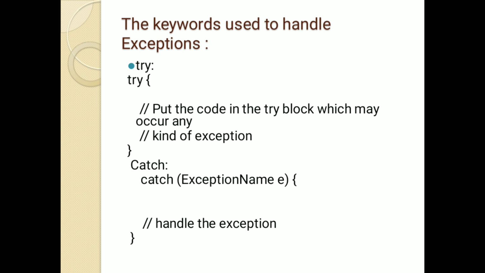We place the set of statements in the try block, and the catch block follows the try block and handles the exception raised by the code placed in the try block.